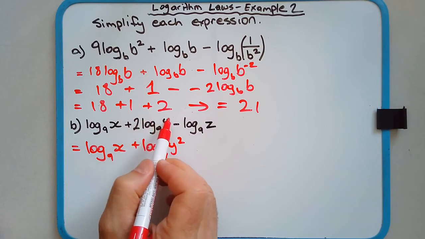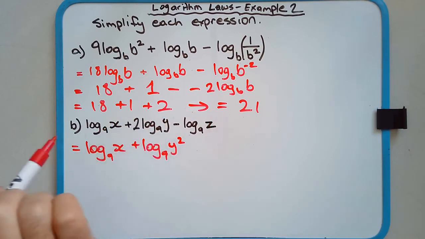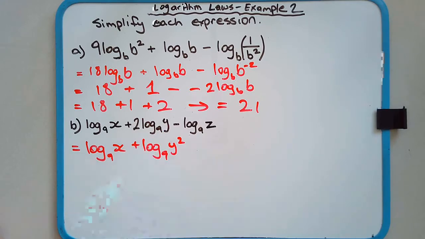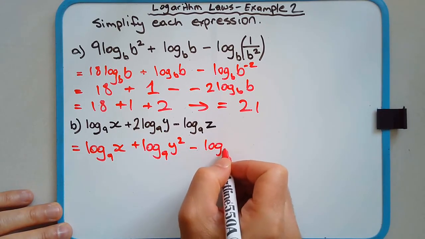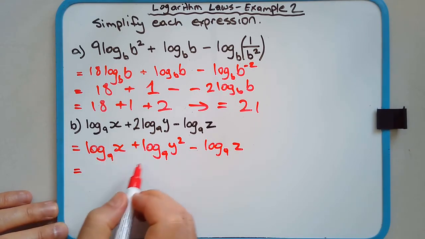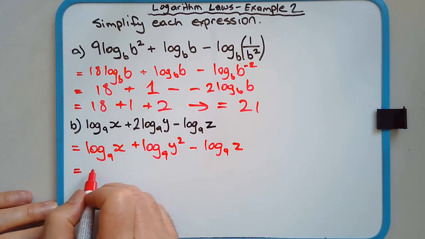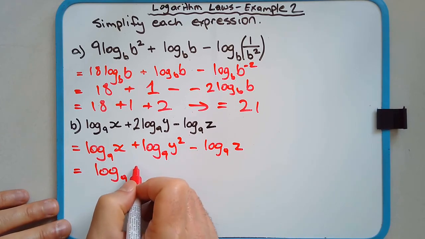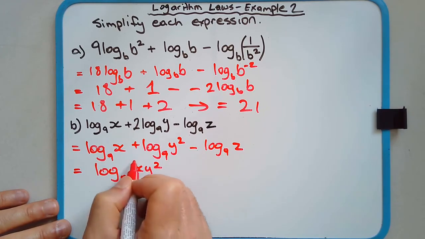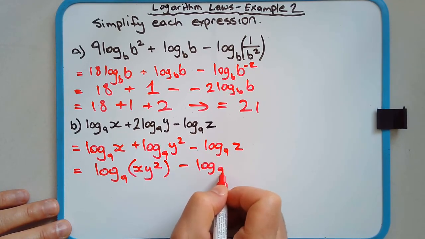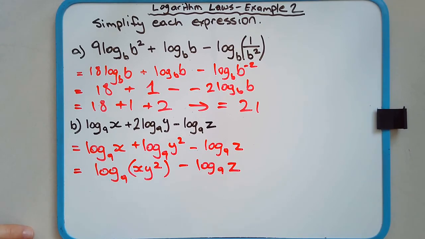So that 2 comes back to being inside the logarithm as an index of the value that's inside, which is the y, minus log base 9 of z. Now the first two terms can be expressed as a single logarithm of a product. So log base 9 of x y squared, minus log base 9 of z.